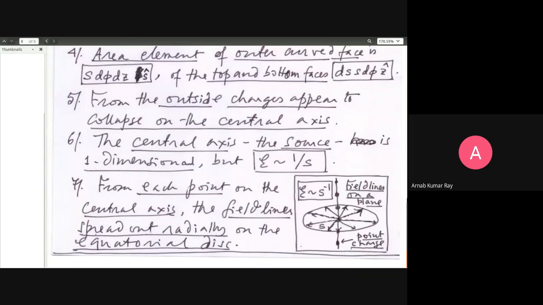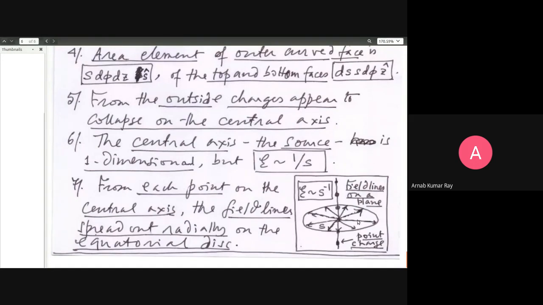As a result, when you have a line of charges, the field lines are all confined to the plane. They will not go above or below. Any charge on a line of charges will throw field lines which are symmetric about this axis. The field lines will be confined to the plane.